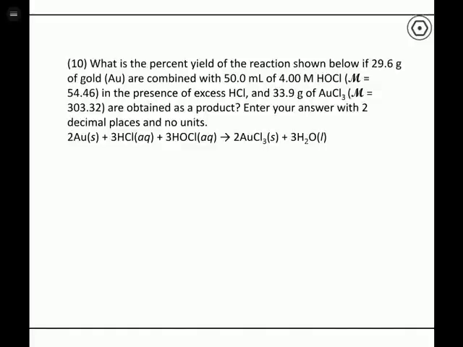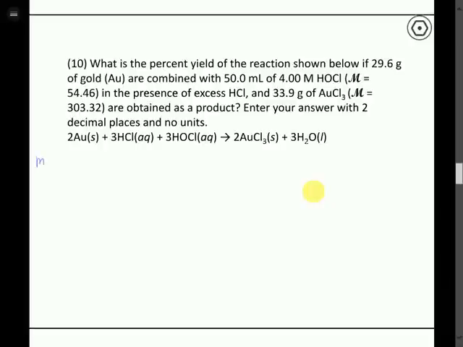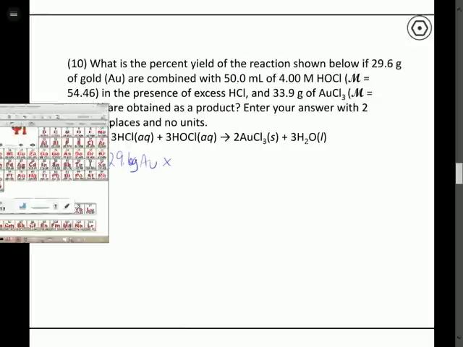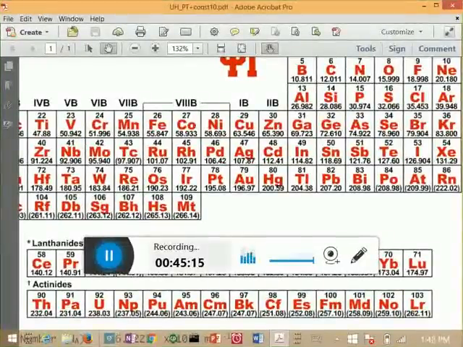To do that, we have to find the moles of each reactant and then find the stoichiometric ratio, as we call it, to figure out the limiting reactant. So the moles of gold: we're told that we have 29.6 grams of gold. We go to the periodic table. Gold is an element, and its atomic mass is 196.97.